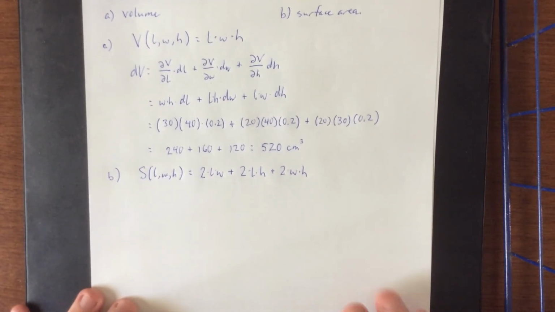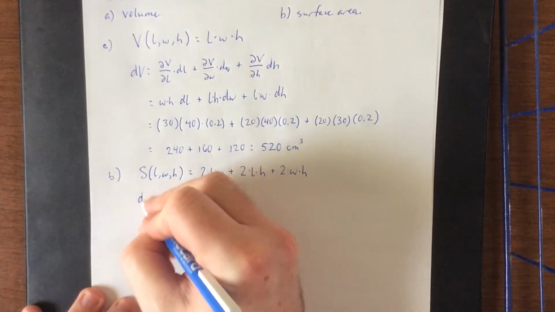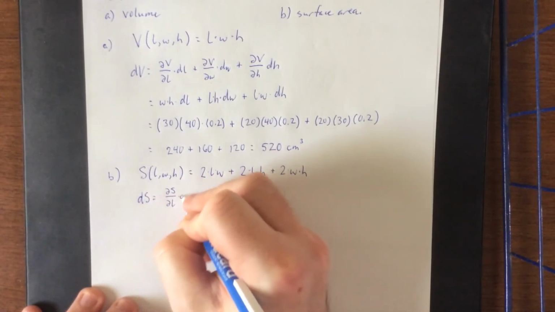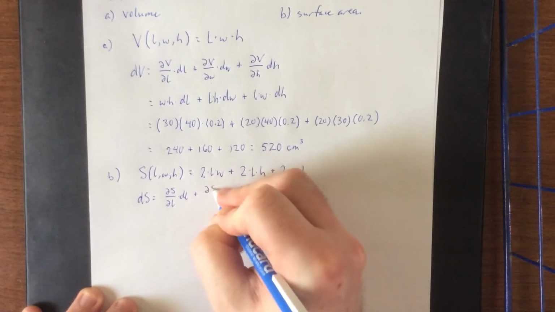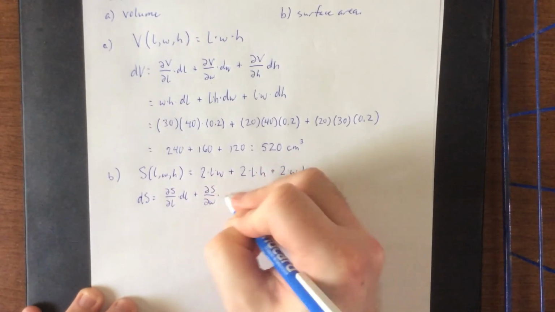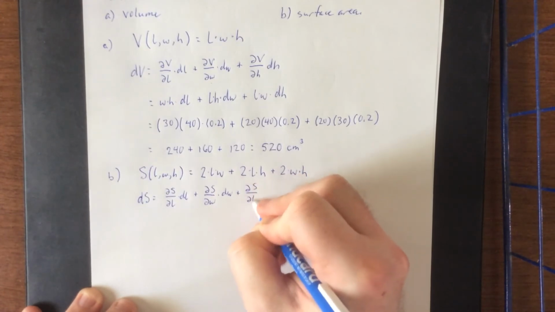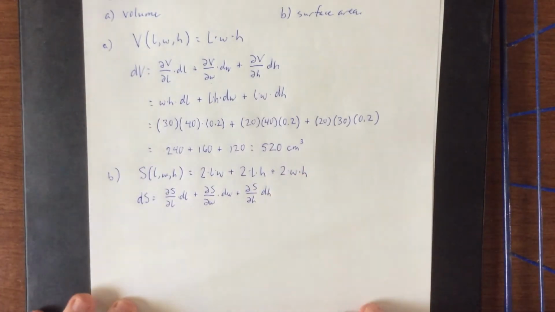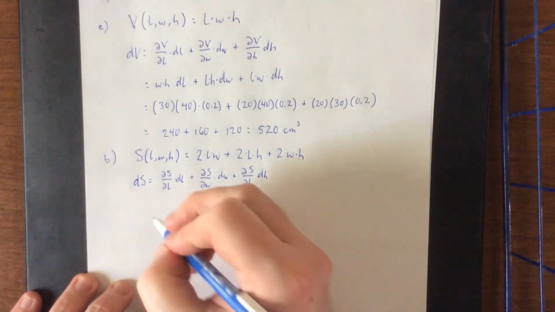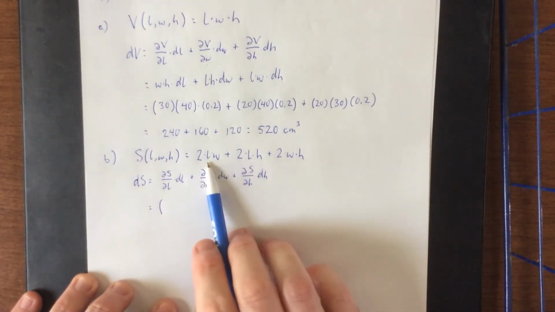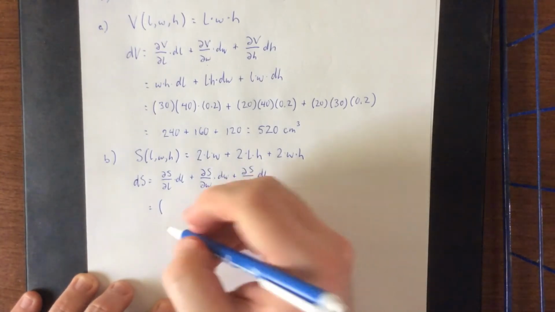Now once again, if we're going to create a total differential for this, we would need dS. This will be partial derivative of S with respect to L times dL plus partial derivative of S with respect to W times dW plus the partial derivative of S with respect to H times dH. Now let's go ahead and plug in those partial derivatives. So differentiating with respect to L, we'll get these first two terms that both have an L in them.